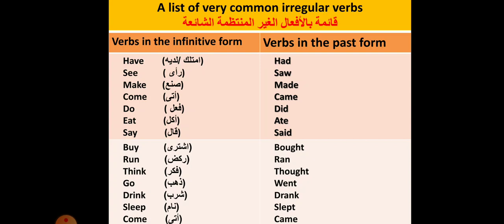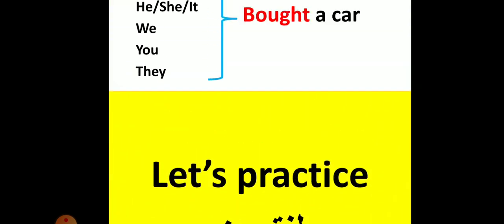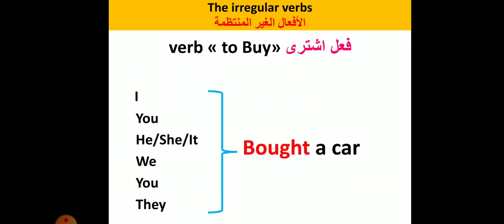Okay, so here the verb come is repeated. So here is a list of very common irregular verbs. There are other verbs. I will add them afterwards. So let's practice. Verb to buy.